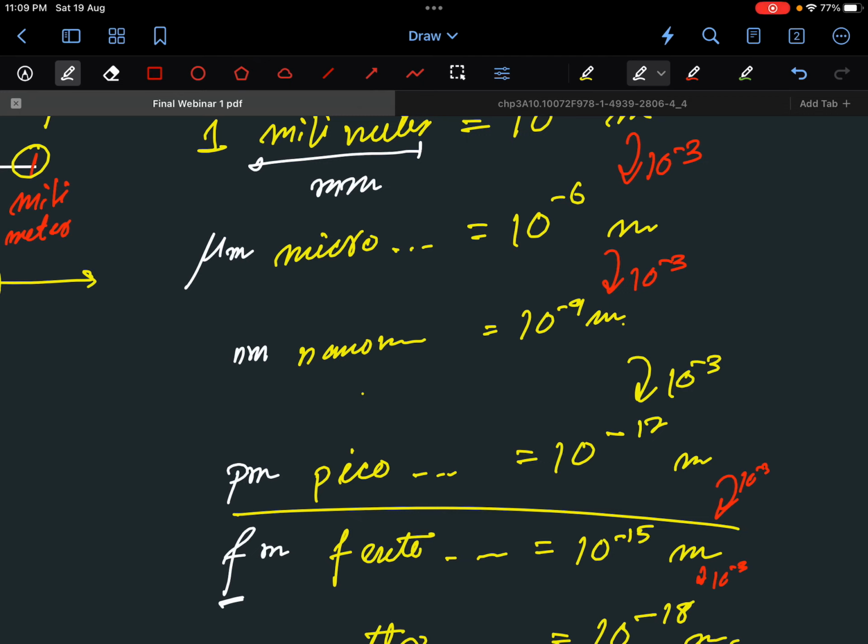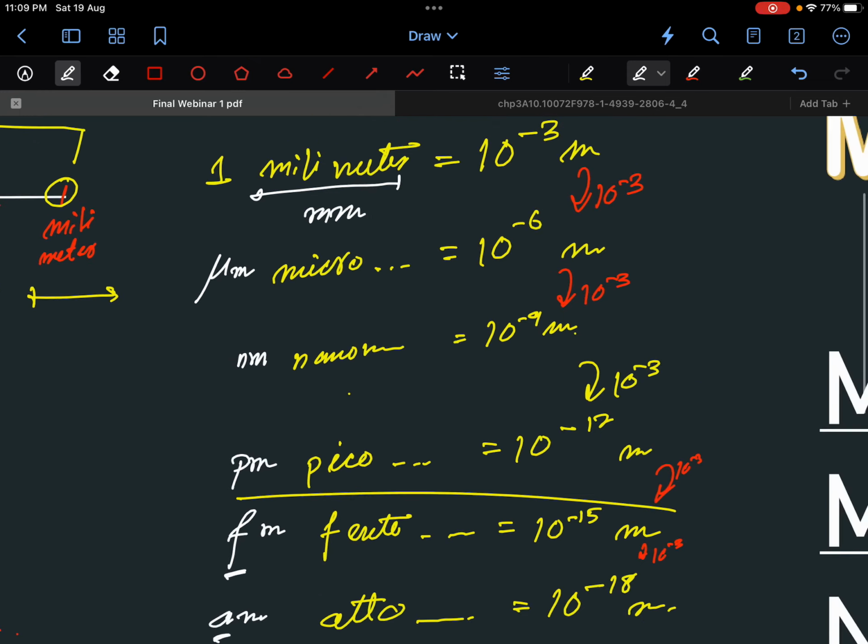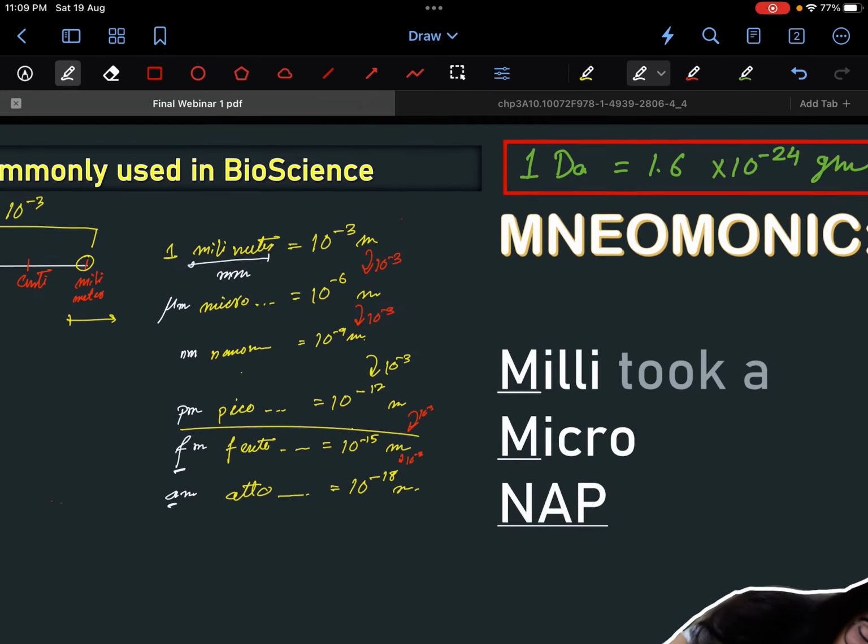Now, it may get confusing, like what is the relationship between nanometer and meter, or micrometer and meter. You cannot just sit in the exam hall and write millimeter, micrometer and the jump of 10 to the minus 3 step, right? So we need something to remember this relationship with the meter. So I came up with a mnemonic.